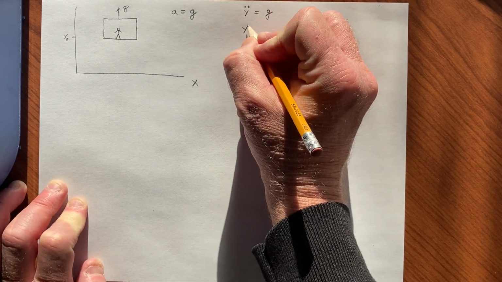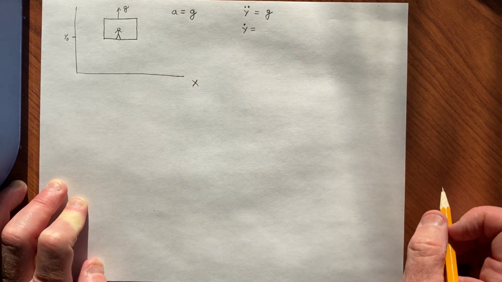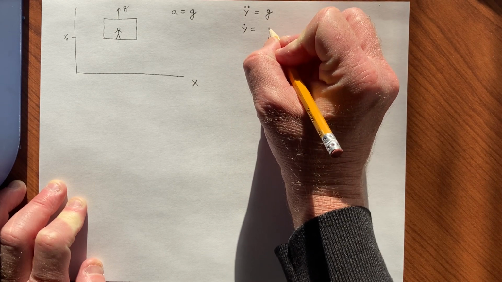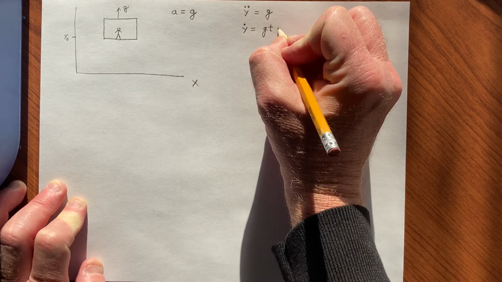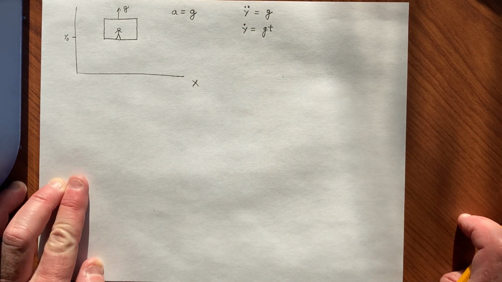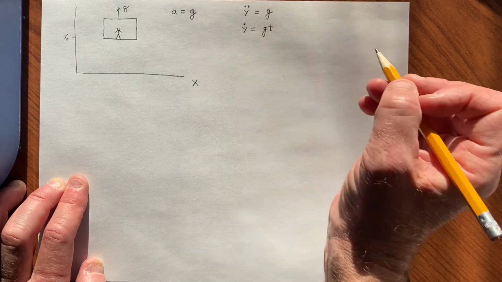therefore we can integrate and say that the speed is just the integral of that, gt plus some initial speed, v naught. Let's say that we start at 0 speed at t equals 0, so the equation just looks like that.